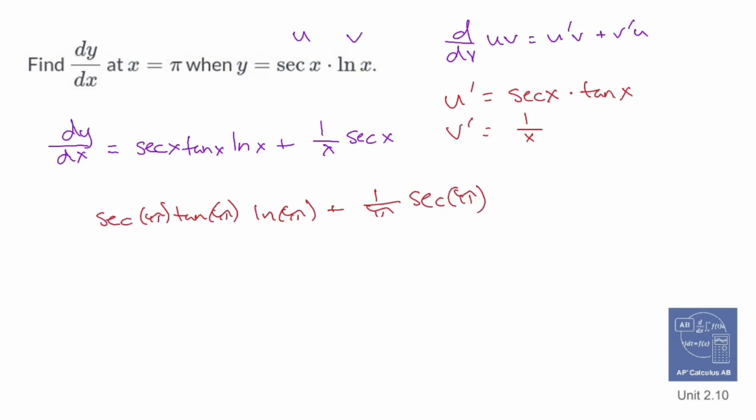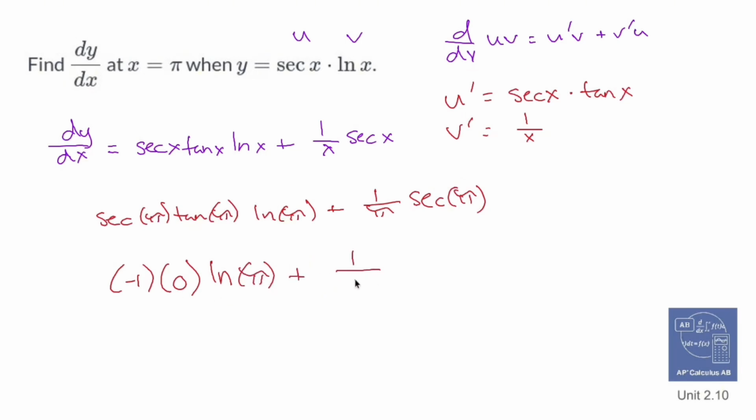So pi's everywhere. It's like Thanksgiving. All right, so hopefully we remember this stuff. Secant of pi is -1, and of course that comes from the fact that you have 1 over cosine pi. Tangent pi is nothing, so I don't really care what ln of pi is because it's just going to disappear anyway.